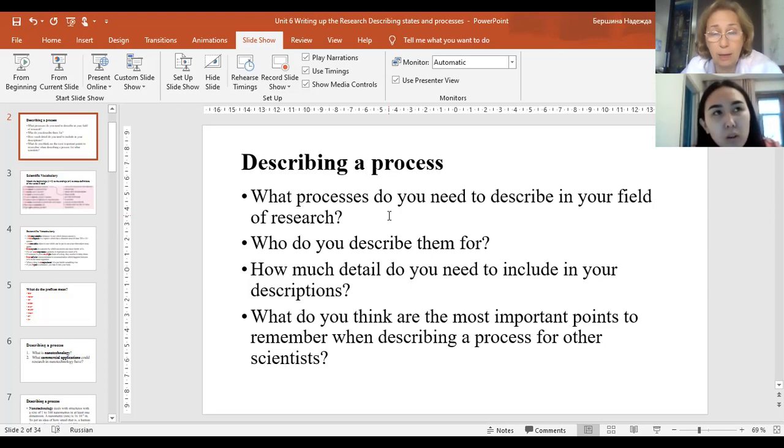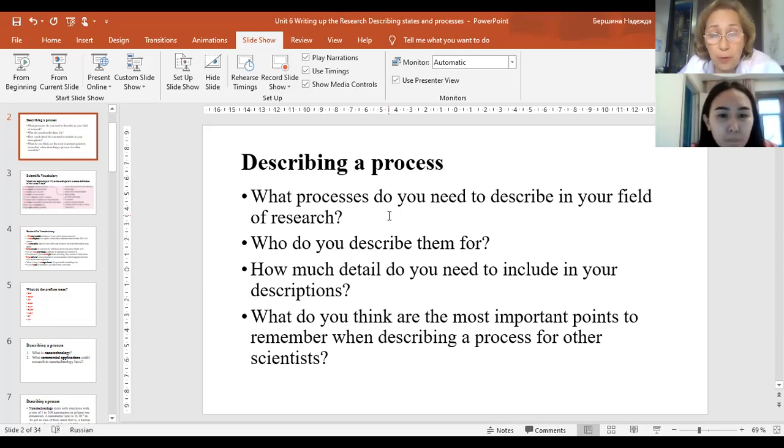Great, okay. I see. And the question is, who do you describe them for? Who needs your description? Researchers, students. Yes. Like it's useful in the educational sphere, scientific sphere. Okay.